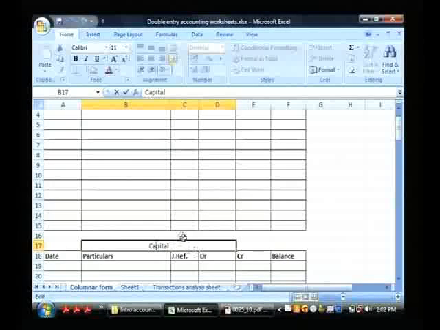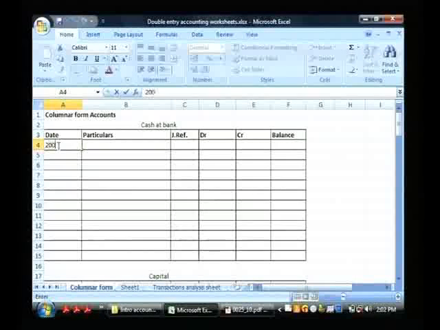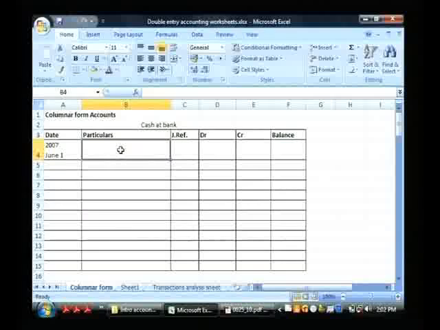Now we will record the first transaction. Write the date, year 2007, June 1st, and particulars column. Same principles are applicable to columnar form ledger accounts as well.